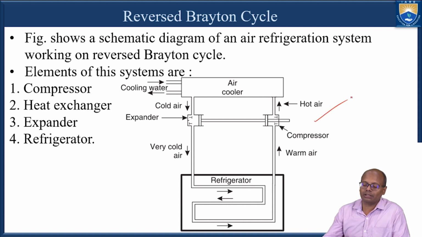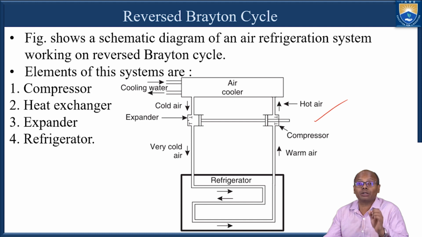This diagram is the typical diagram shown in Rajput's Thermal Engineering, which we are referring to. The previous one is the general diagram, and this is the diagram specifically for the reversed Brayton cycle.